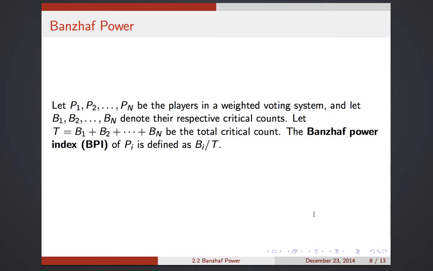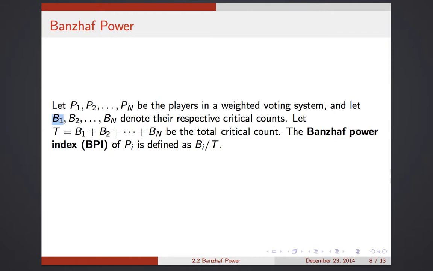So speaking of a definition of power, here it is. Let P1 up to Pn be players in a weighted voting system, and let capital B's denote the critical counts of each player. So B1 is the critical count of P1, B2 is the critical count of player 2, etc. Keep in mind what these numbers represent.